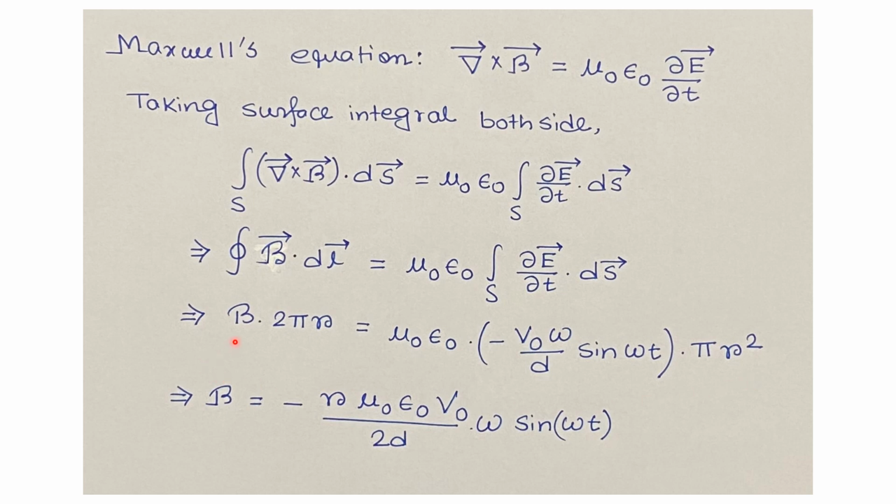So from this we can find the associated magnetic field, that is B equals minus r times mu naught times epsilon naught times V naught divided by 2 small d times omega times sine omega t. So this is the expression for the time varying magnetic field associated with the time varying electric field between the capacitor plates.